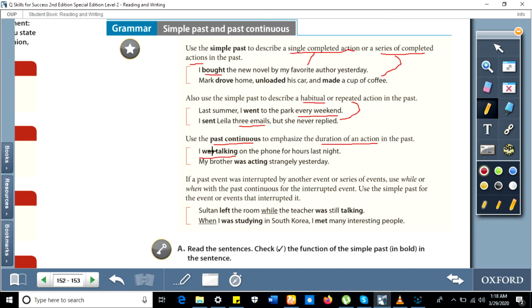And for this we use was and were. You use was with the singular pronouns he, she, it, and I. We also use was with I, and we use were with they, you, we.